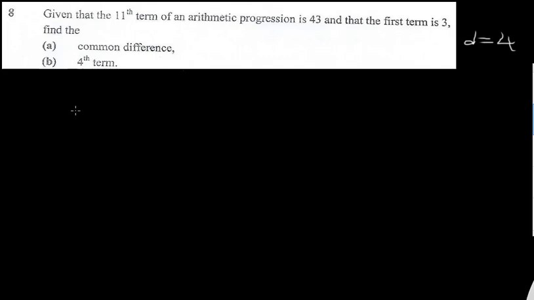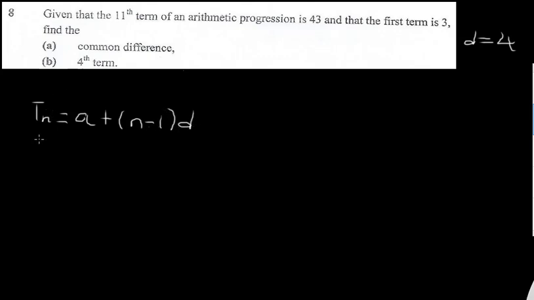So to find the fourth term, for as long as we deal with an arithmetic progression, we're going to use the same equation that we used, and that is Tn equals A plus n minus 1 multiplied by D.